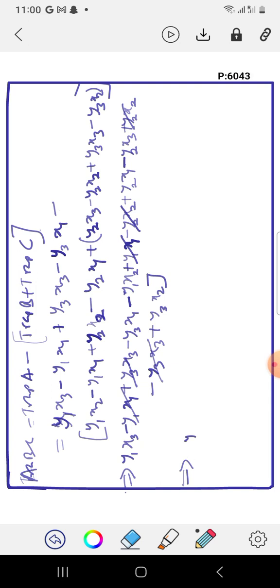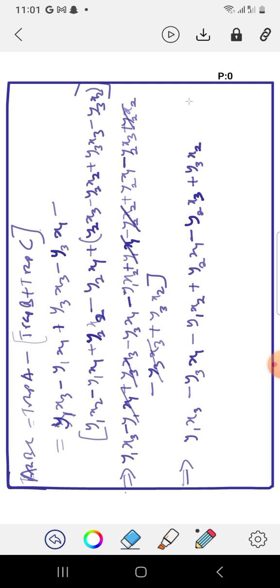Then we now have y1 x3 minus y3 x1 minus y1 x2 plus y2 x1, those are the survivors, minus y2 x3 plus y3 x2 will now be the area of the triangle. I think that's exciting.